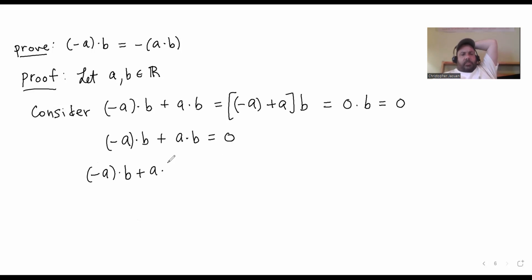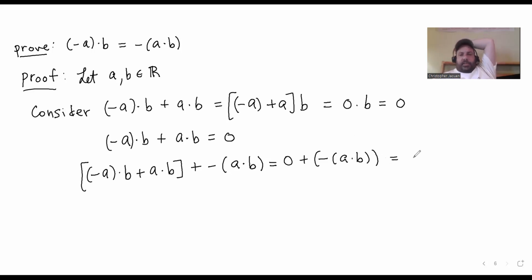Plus a times b plus minus a times b equals 0 plus the negative a times b. And again, 0 plus anything doesn't change the value, so this is minus a times b.